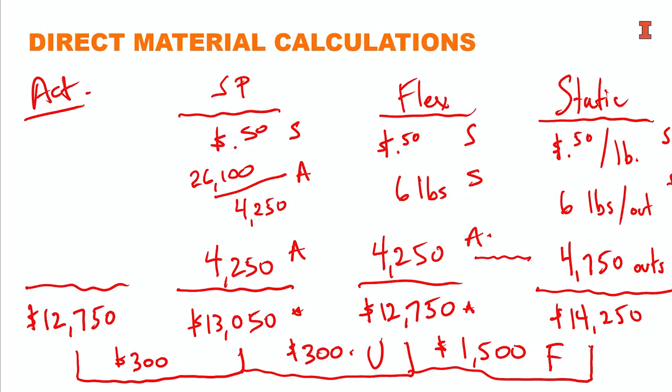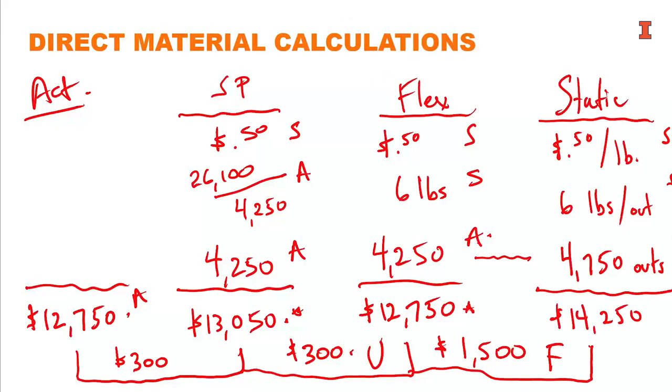And finally, comparing the first and the second column on the left-hand side, we have the complete actual world and the standard price world. Which one is the more actual piece of information? Well, that's the one that's all actual. So comparing the $12,750 that we actually spent to the benchmark, which is more standard information embedded into it, the standard price piece, the cost is actually less in the more actual world than it is in the standard world.